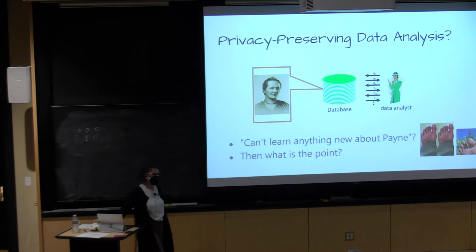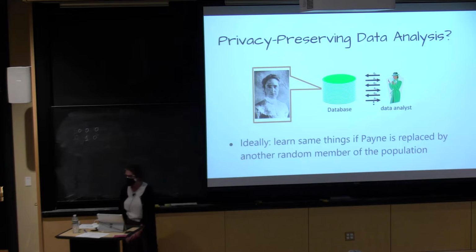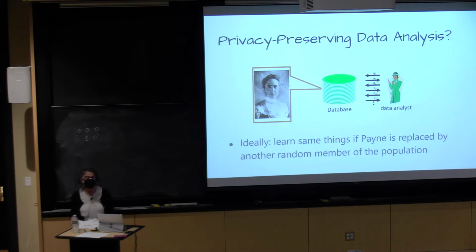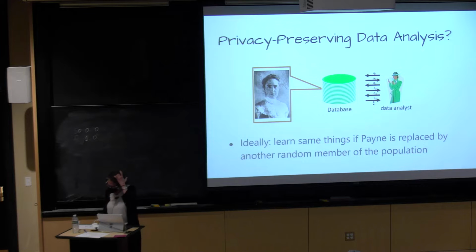Well, we're making up the definition, so we get to decide. We said no. Why? What's the intuition for saying no? Well, ideally, we would actually learn the same things if Payne was replaced by Henrietta Swan Leavitt. Henrietta Swan Leavitt was another astronomer, and she was famous for determining a relationship between certain variable stars' peak brightness and the period over which their brightness varied.